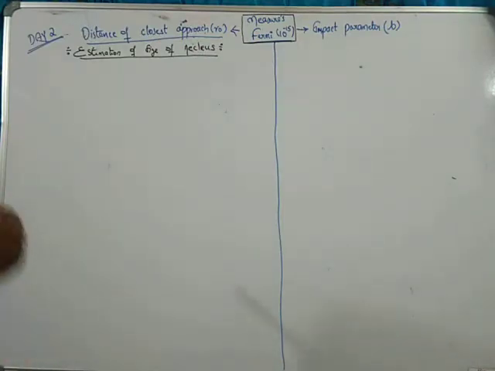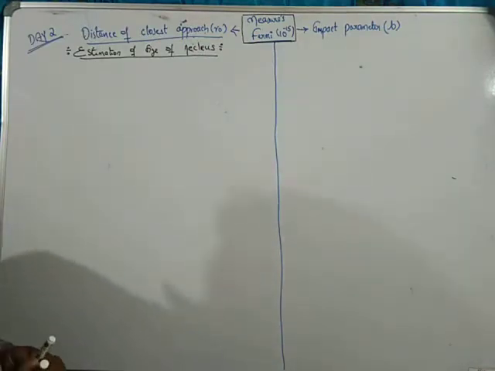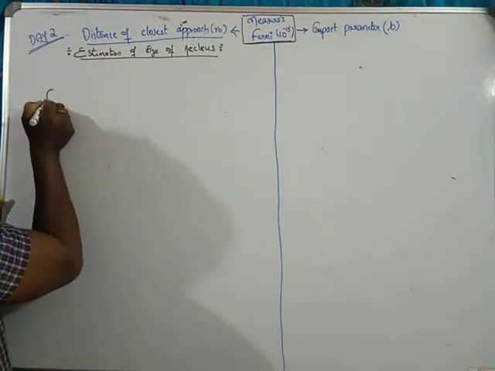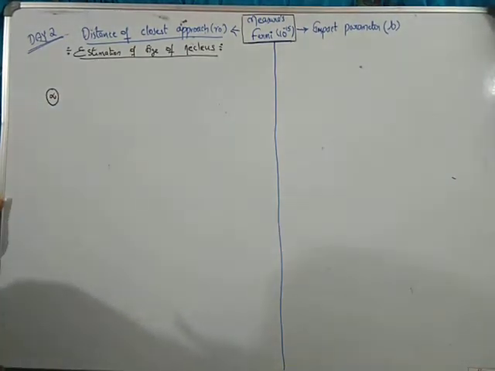Now to calculate the distance of closest approach R naught, or the estimation of size of the nucleus, we will consider one alpha particle.